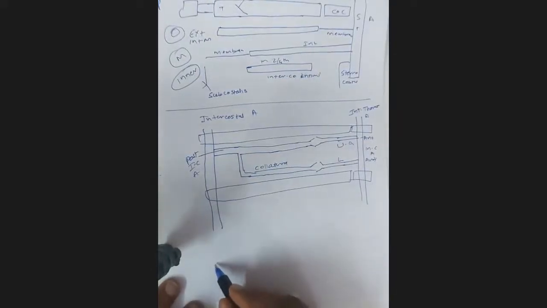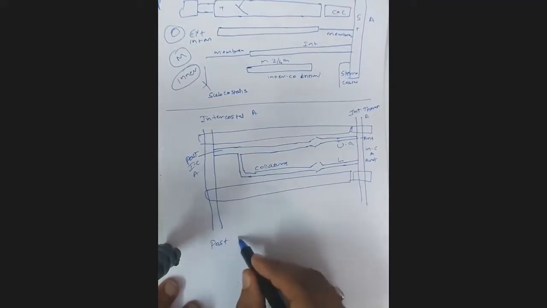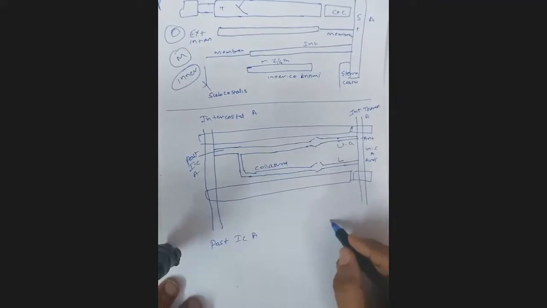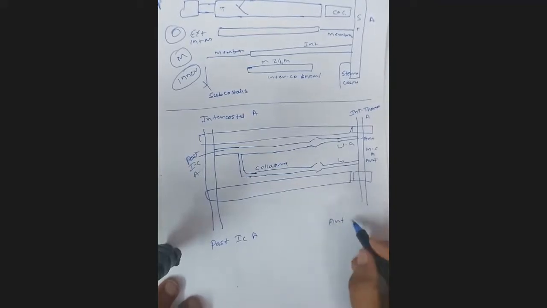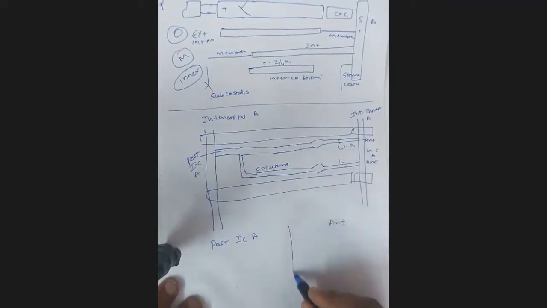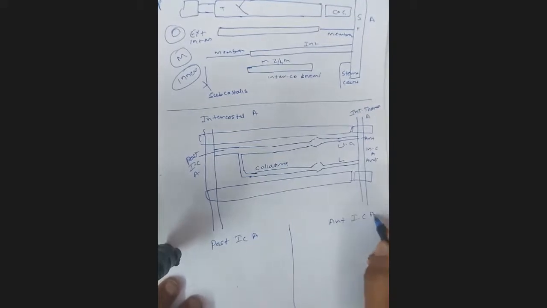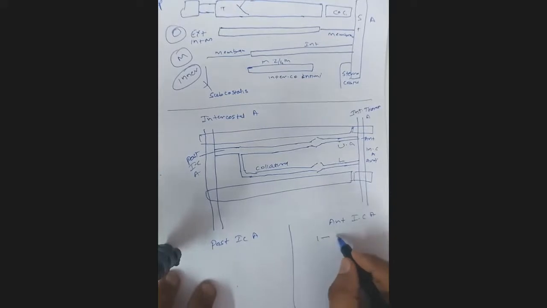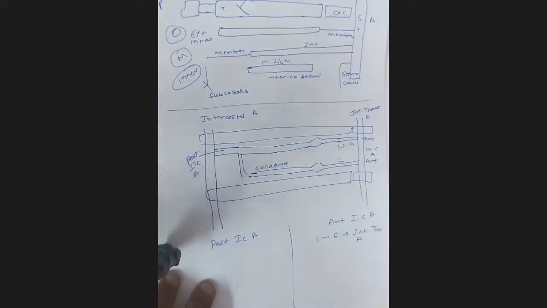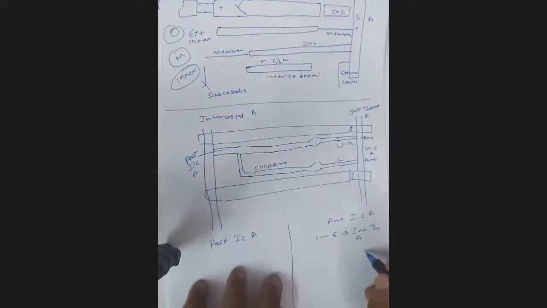Now let us check the origin of the posterior intercostal arteries and the origin of the anterior intercostal arteries. The anterior intercostal artery from space 1 to 6 is given by the internal thoracic artery.